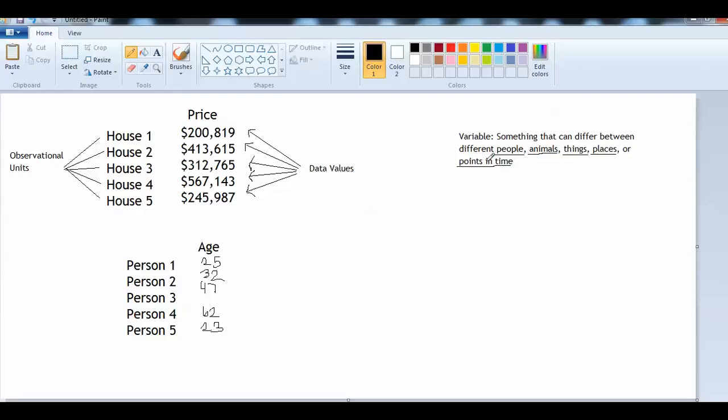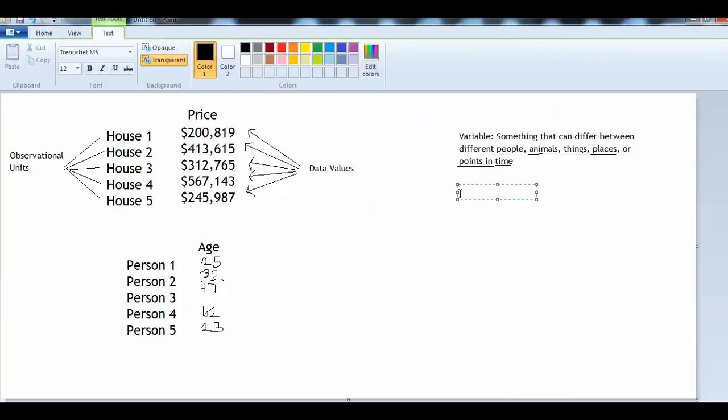You could say that the temperature outside is different at different points in time, meaning the temperature outside isn't always the same all the time. So you would say that temperature is also a variable. So a variable is just anything that's able to vary. It's not always the same.